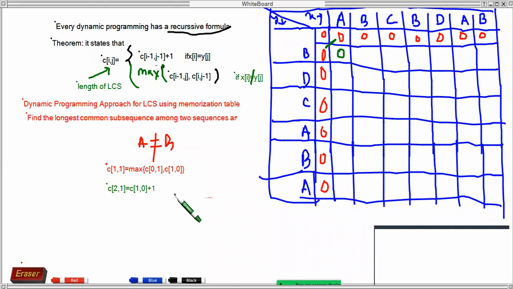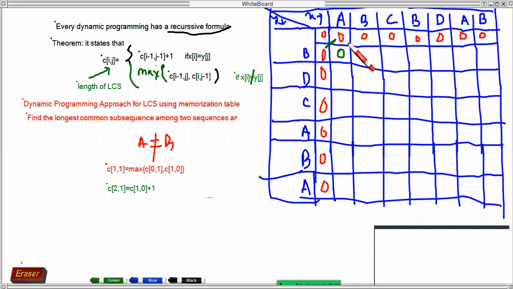Since this is same, what do we have to do? We have to check the previous value and add 1.